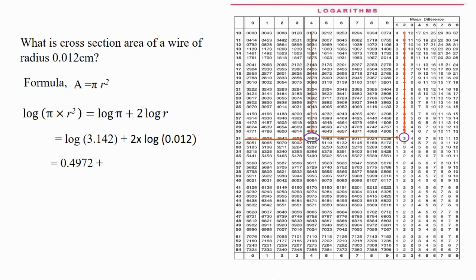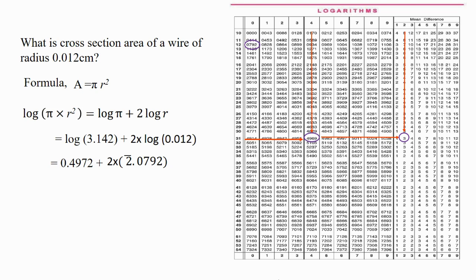Hence, the characteristic of 0.012 is bar 2. Now, let's find the 12 under the 0th column, which is 0.792. Now, write this value: 2 into bar 2.0792.